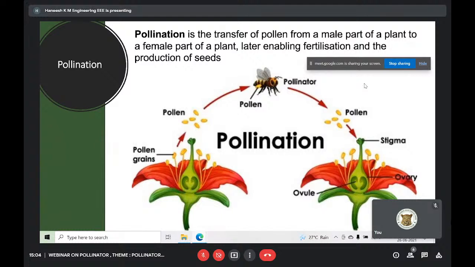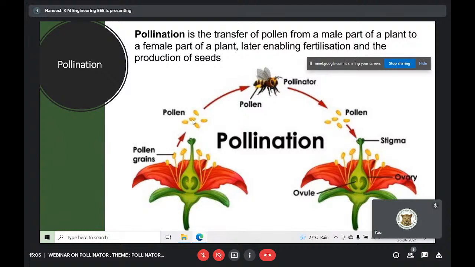Pollination basically means that in the flowers of flowering plants, there are male pollens, and there is something known as the stigma, which is the female part of the flower.